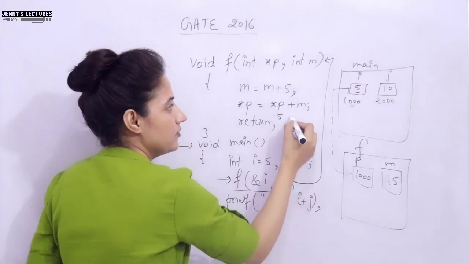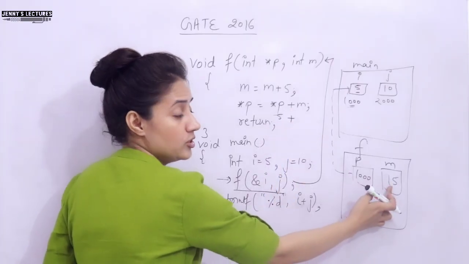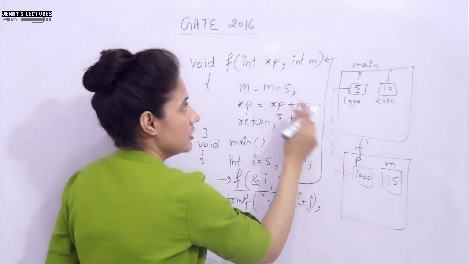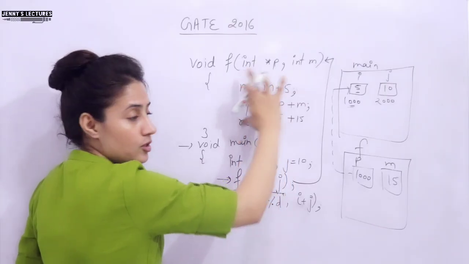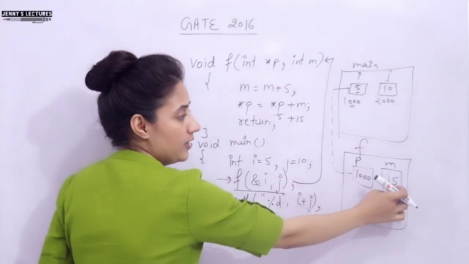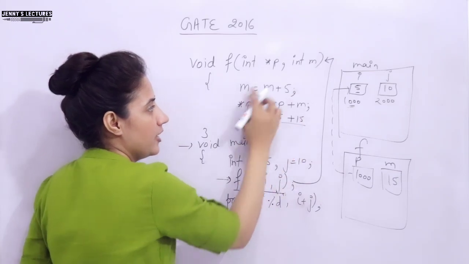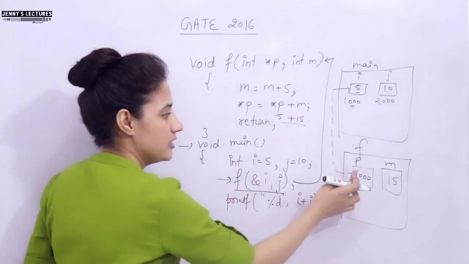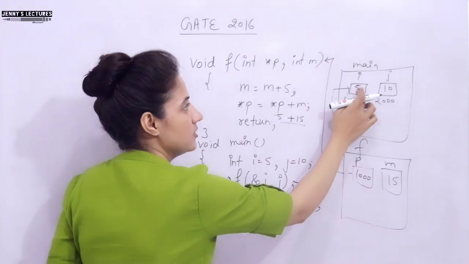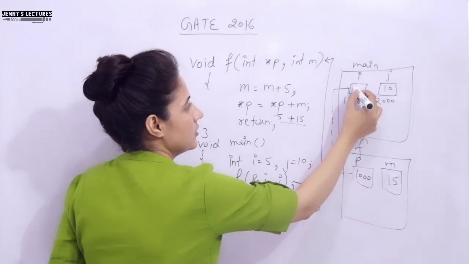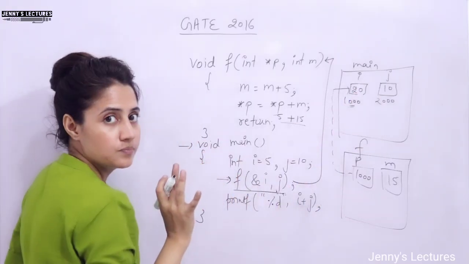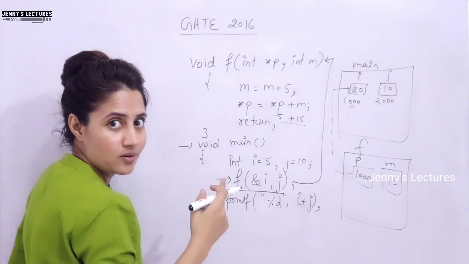So, it means 5 plus m. We are in this function, so here m value is 15, right? So 5 plus 15 is 20. Now this 20 would be assigned to asterisk p. Obviously asterisk p means the value at this location, that is i. So this would be updated, and i now becomes 20. I hope you got this one.